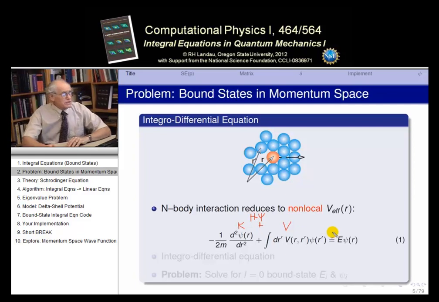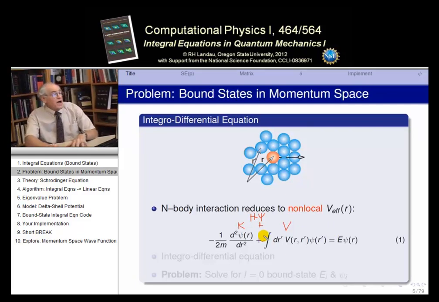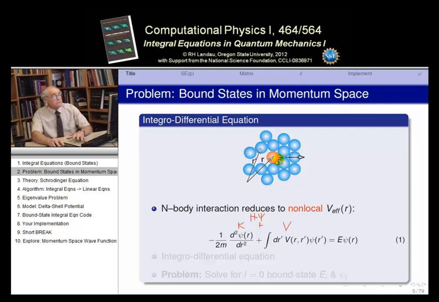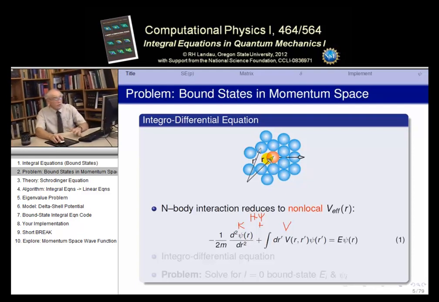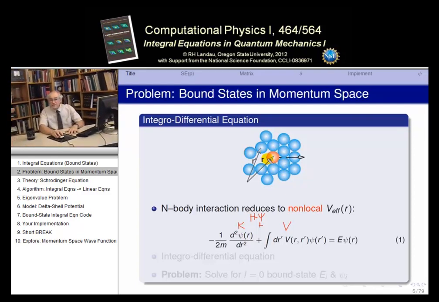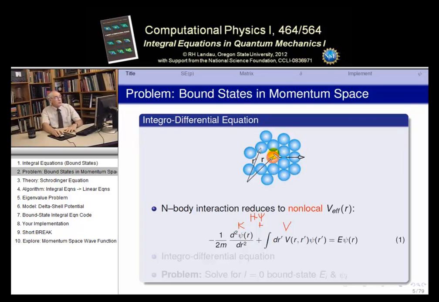But the difference here is that the potential energy at point R that this projectile, interacting probe, whatever, feels depends not just on the wave function at that point, but on the wave function at all other points in space as well, because there's really particles interacting at all these other points. Think of it that way. There's not just one particle interacting in one place, they're all over space.